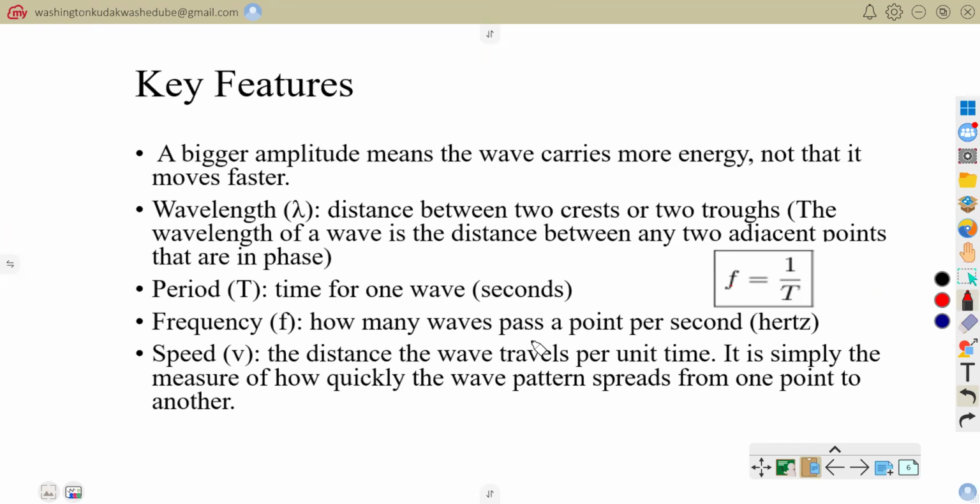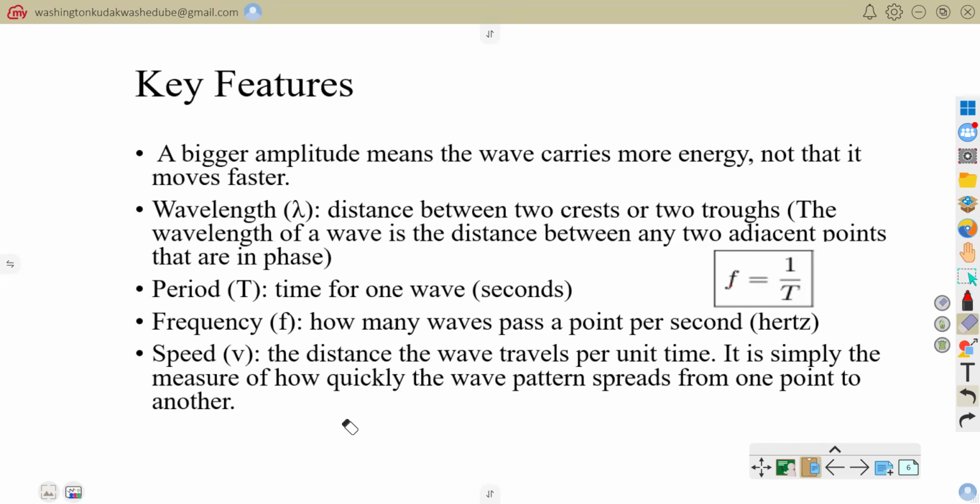Now the frequency also determines the amount of energy that can be carried by the wave. But the frequency also later informs us on something we refer to as the speed of the wave.